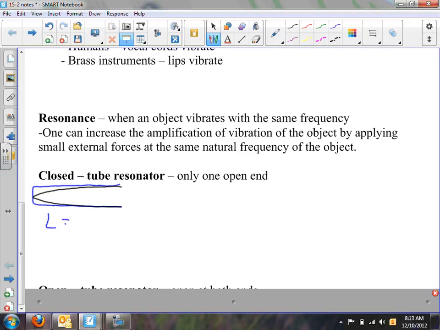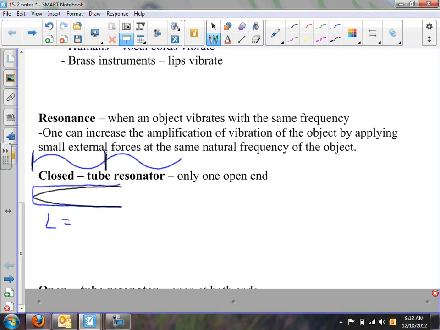Well, L is the length of the tube. How much of a wavelength is that part? So if you think of a normal wavelength for wave motion, you've got this. So the up and down pattern from here to here would be one wavelength.